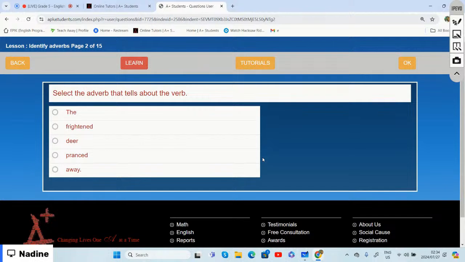The frightened deer pranced away. We need to select the adverb within the sentence, the adverb that tells us about the verb, right?